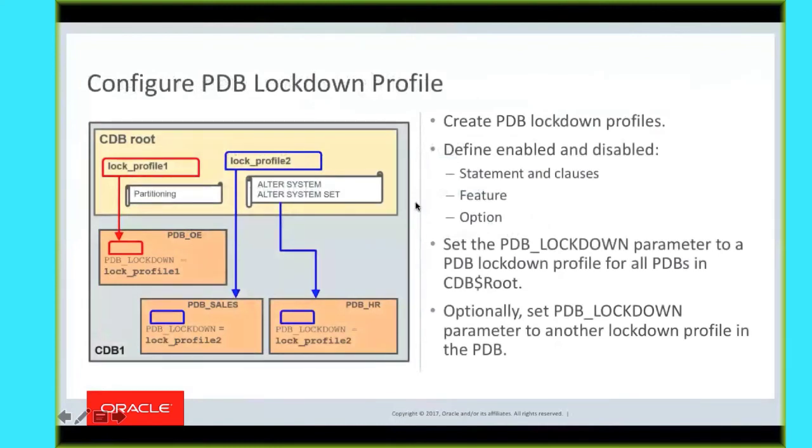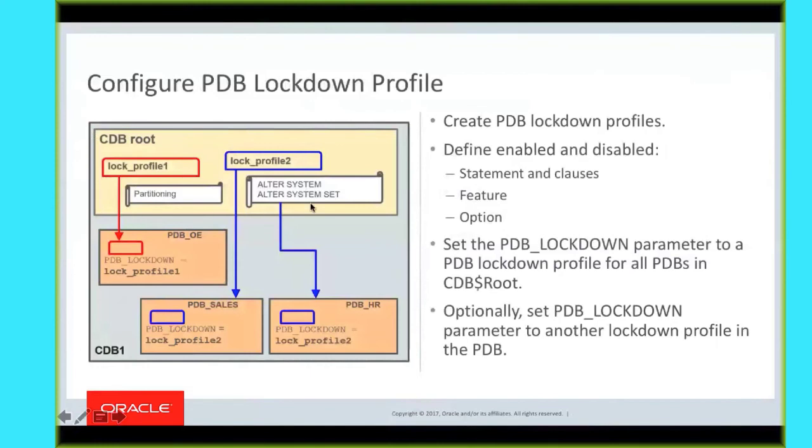So in 12.2, you can create a lockdown profile only in CDB$ROOT. Basically, you have to be a common user with SYSDBA privilege to be able to create a lockdown profile in CDB$ROOT.